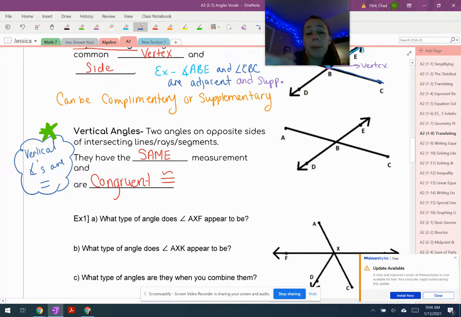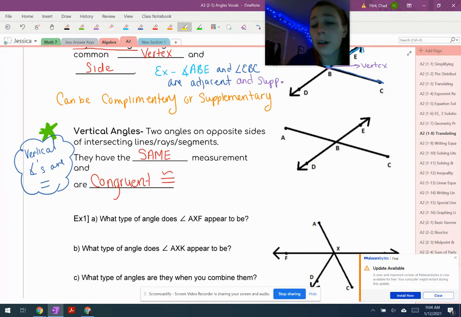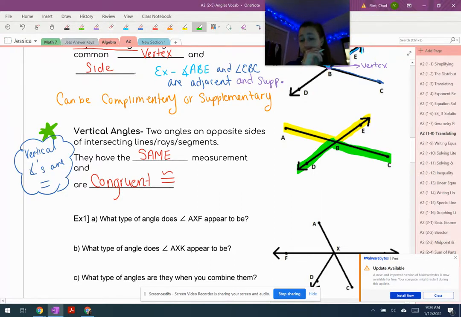So when we say opposite sides of intersecting lines, rays, or segments, you can see here in my little diagram, I have an intersecting line and an intersecting line segment. So vertical angles in this example, and I'm going to use my highlighter here, vertical angles would be ABE, and then DBC.